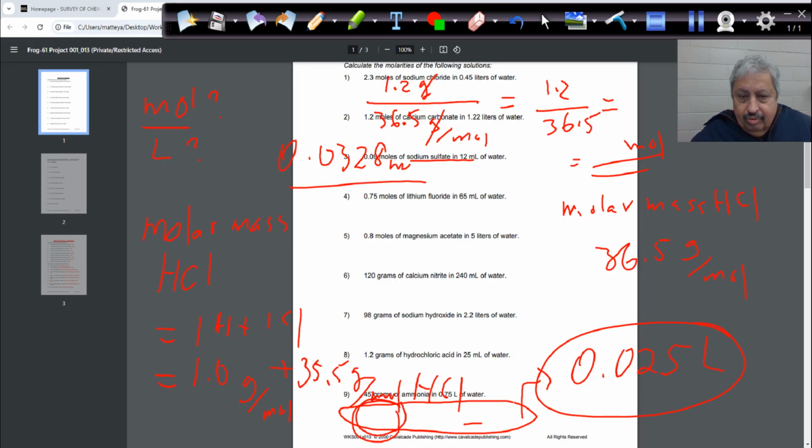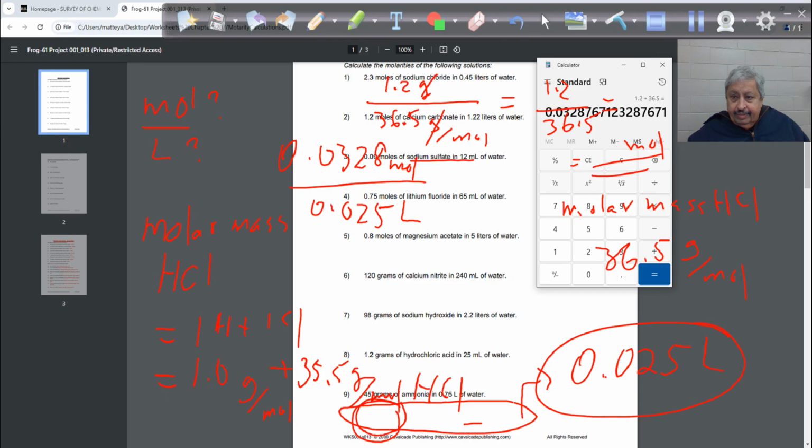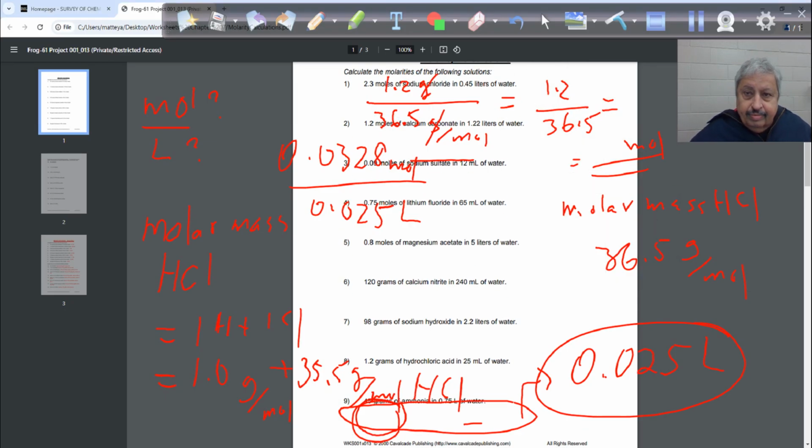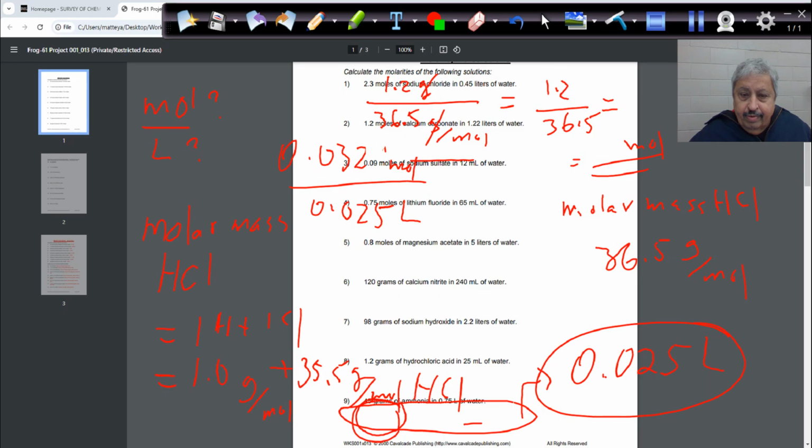This is mole, and the liter is 0.025 liter, correct? You divide those together and we get about 1.3. So 0.0329 moles, because we took the amount of 1.2 grams of HCl and divided by its molar mass to get the number of moles.